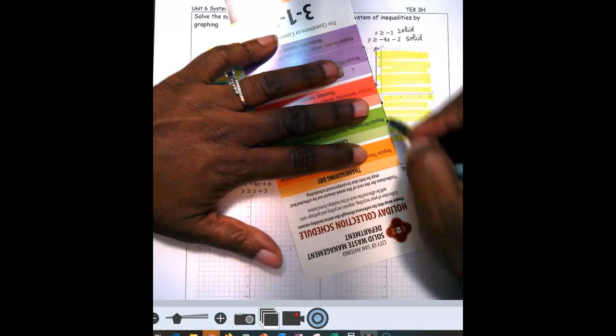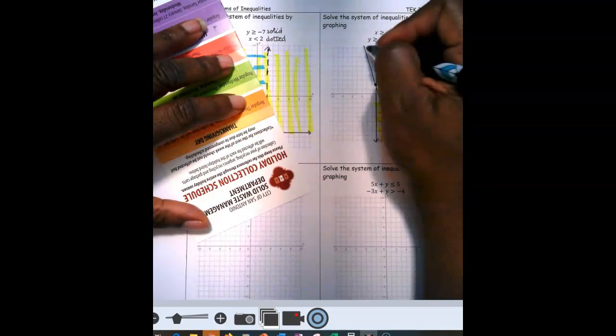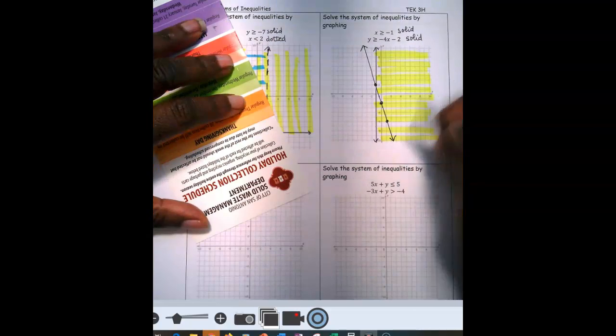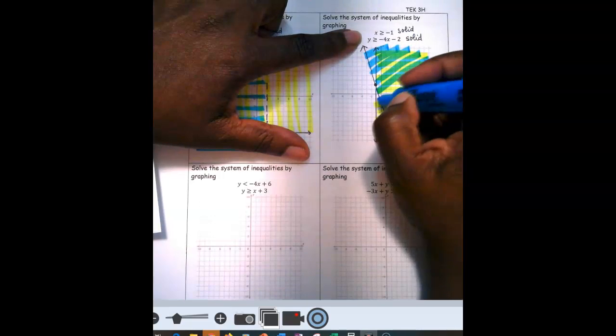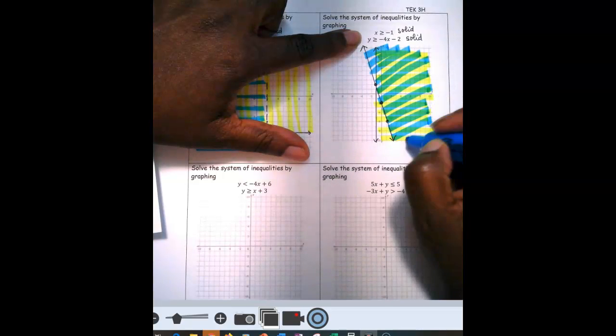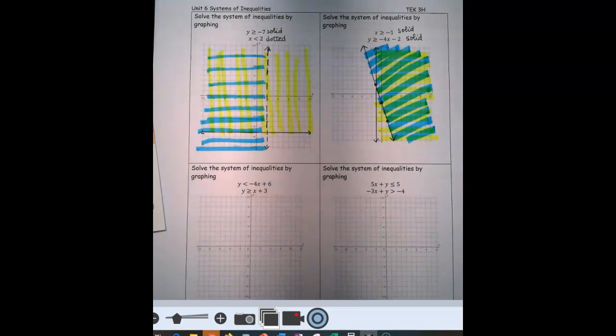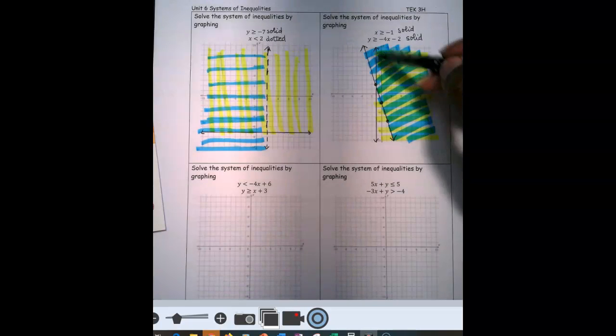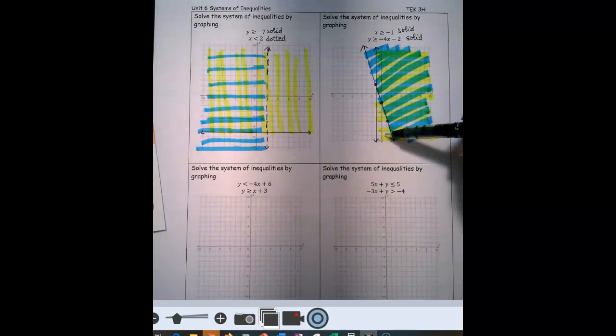And again, that's a solid line. And it says that all of my values of y are greater than this line. So what I want you to notice here is that I have a little part that's shaded right here and a little part that's shaded right here.